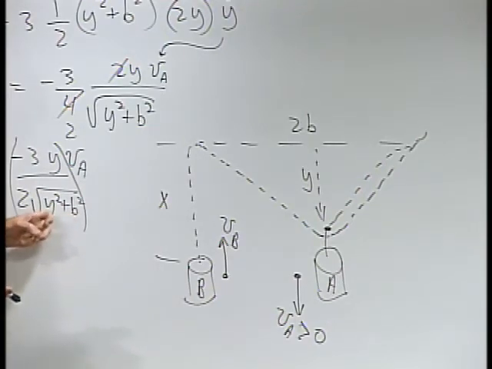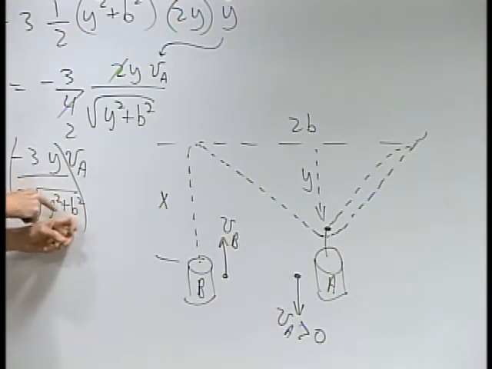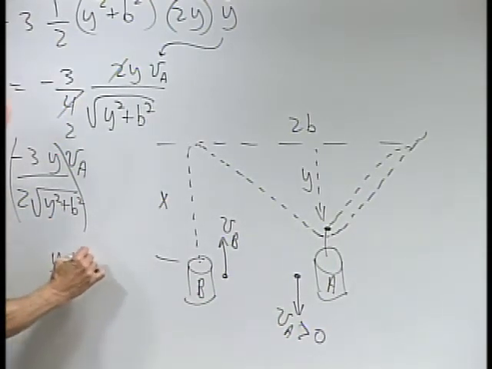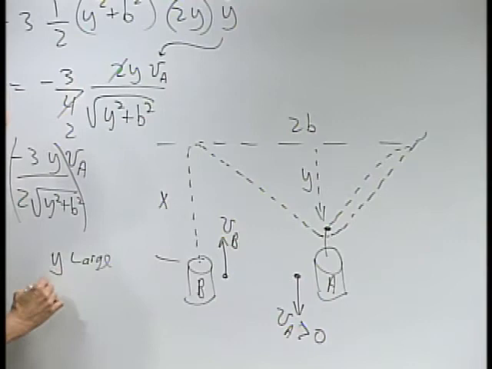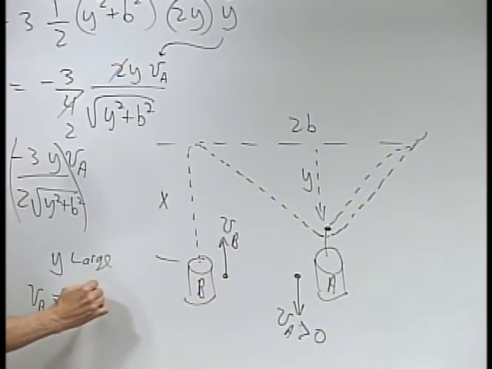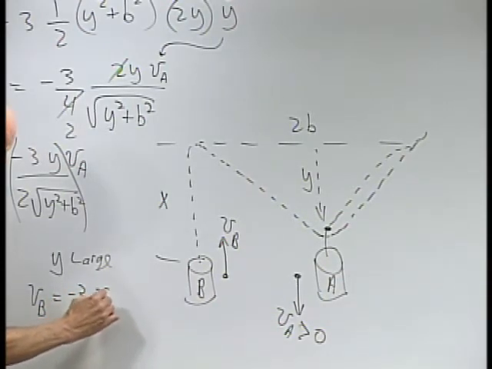And so this radical behaves as if it's just y, which reduces out. And so in the limit for y large, the behavior of B appears to be negative 3/2 of the speed of A.